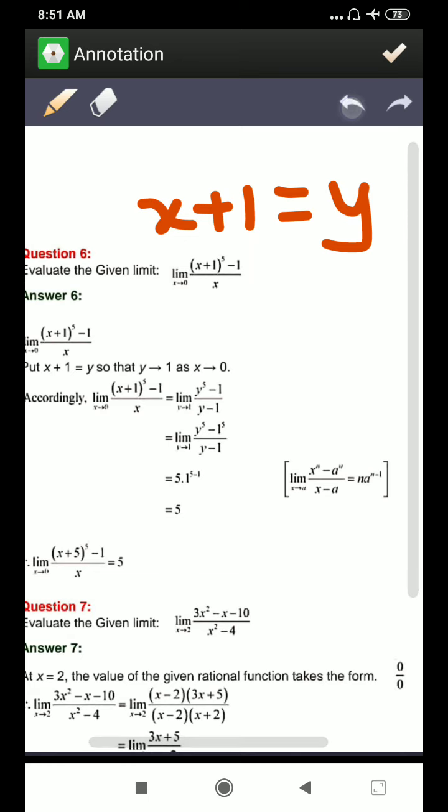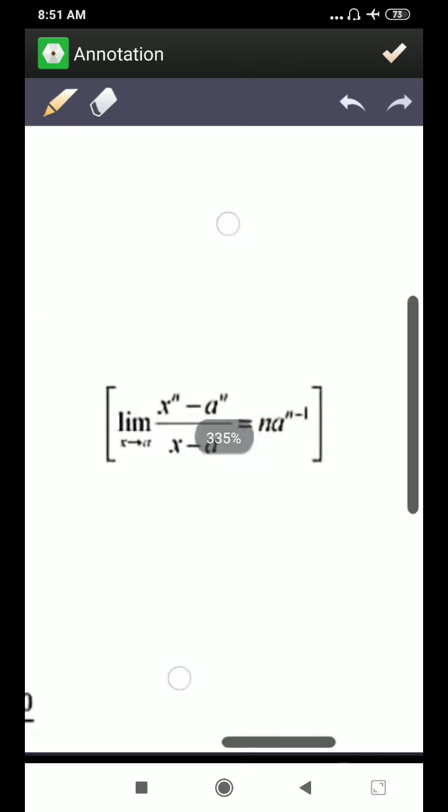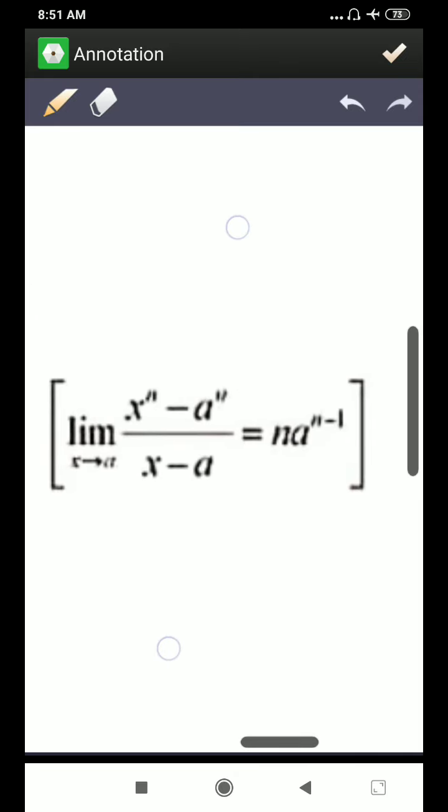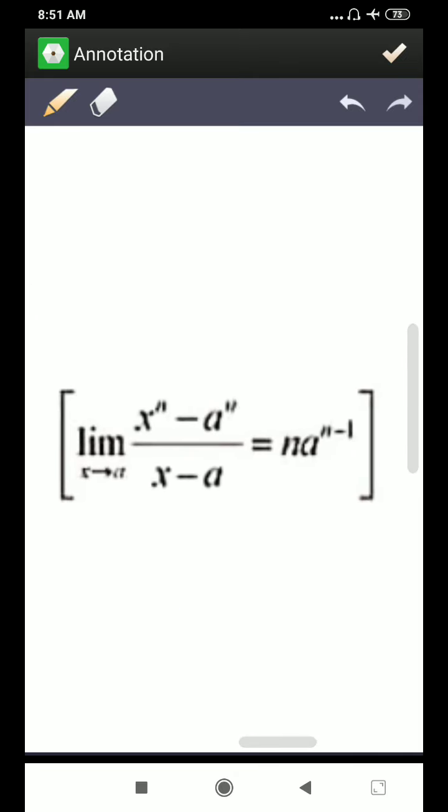What is this theorem? The theorem is: limit x tends to a of x raised to power n minus a raised to power n, divided by x minus a, is equal to n into a raised to power n minus 1. Now how to identify this theorem? First, in the denominator is the difference of the two terms x minus a.